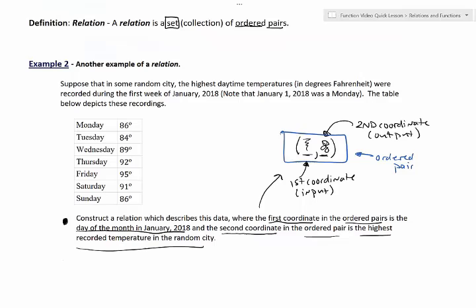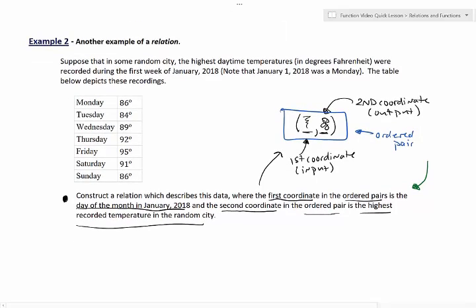So what we want to do, go back down here, is we want to make a relation that describes this set of data. First coordinate, day of the month, January 2018. Second coordinate is the highest recorded temperature on that day in this random place. So we can start constructing our ordered pairs.